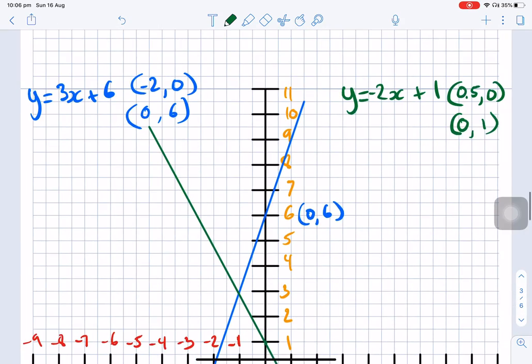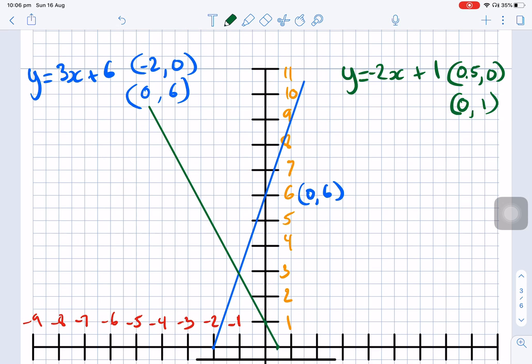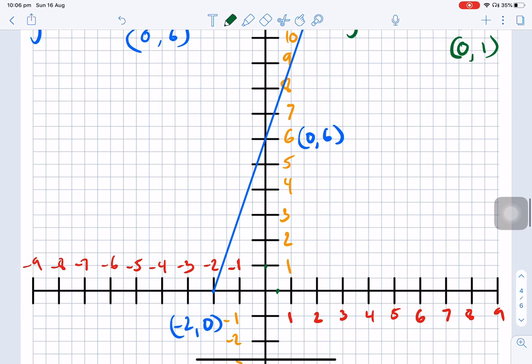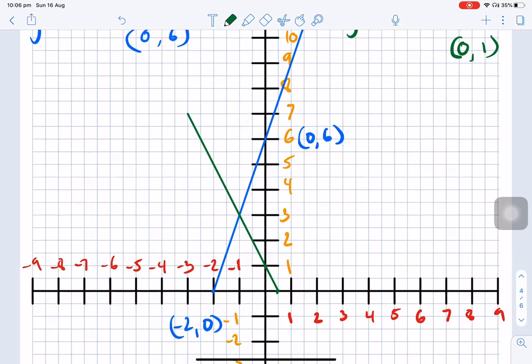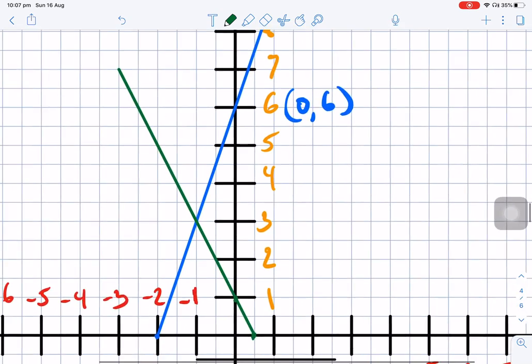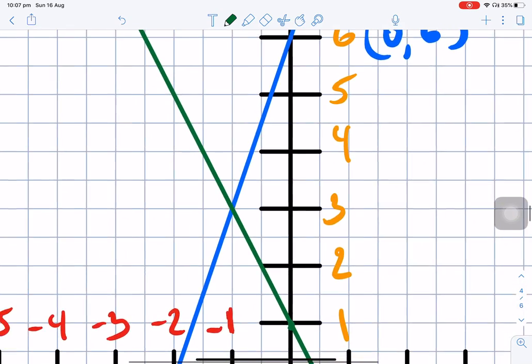That green one was slightly off, sorry, I'll redraw that. Let's make sure I got that on the right point. There we go, that's much better. So if we draw all those two lines, we can see where that intersecting point is.